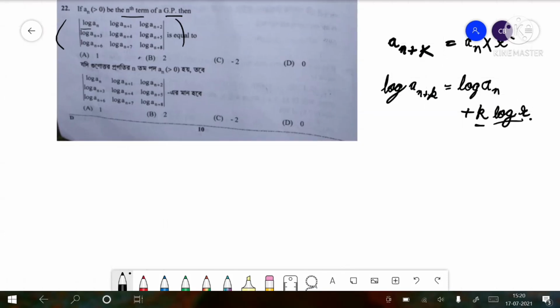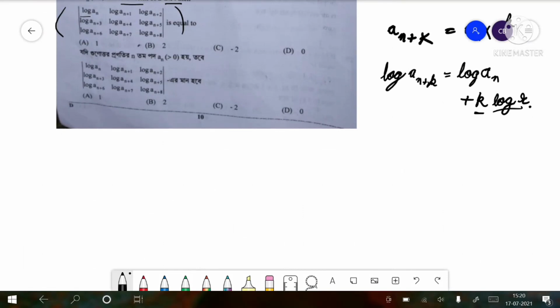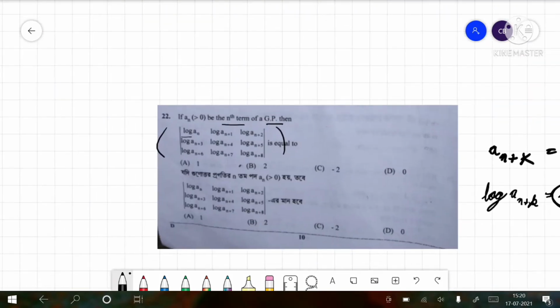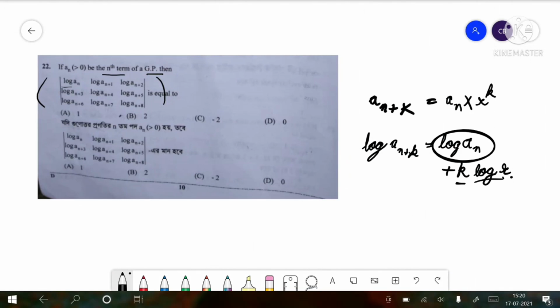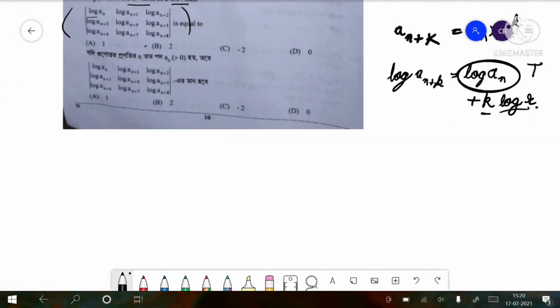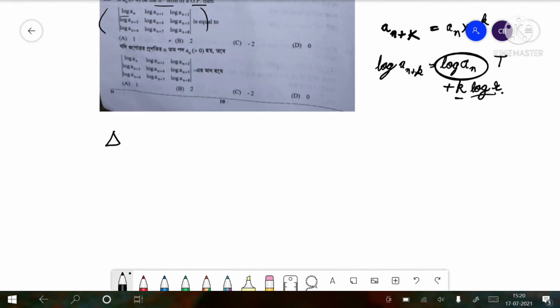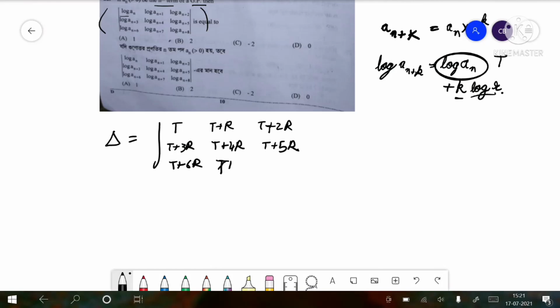Now from this we can say that the determinant is, if we term log of a_n to be, let's say, capital T, then we can write this determinant as delta equal to the determinant of T, T plus r, T plus 2r, T plus 3r, T plus 4r, T plus 5r, T plus 6r, T plus 7r, and T plus 8r.